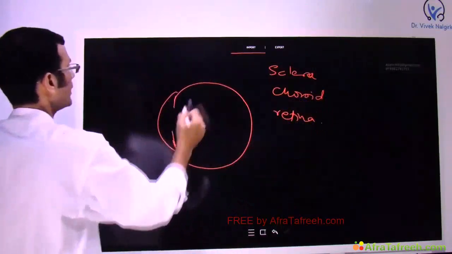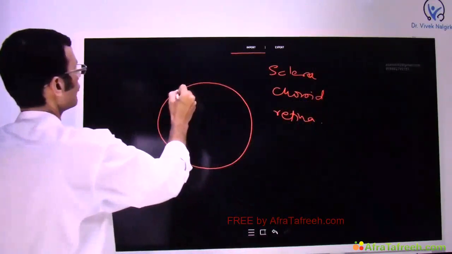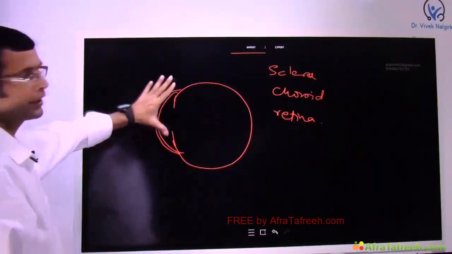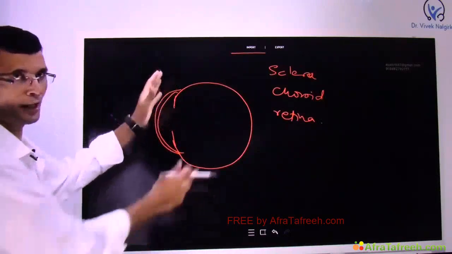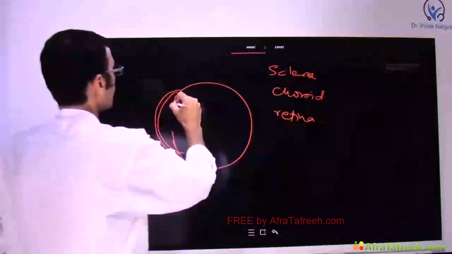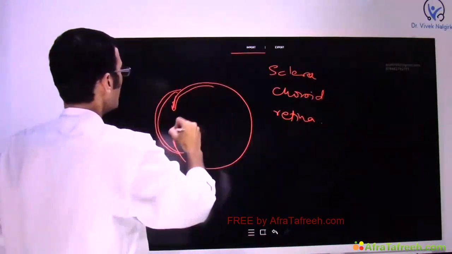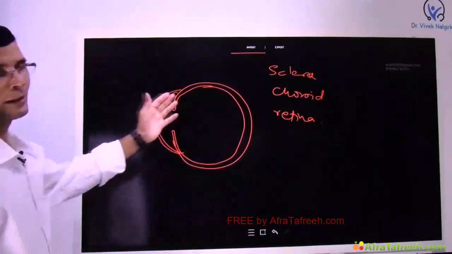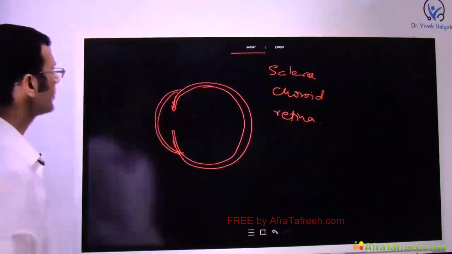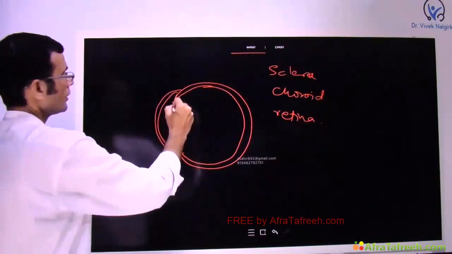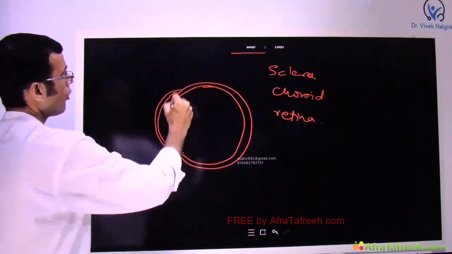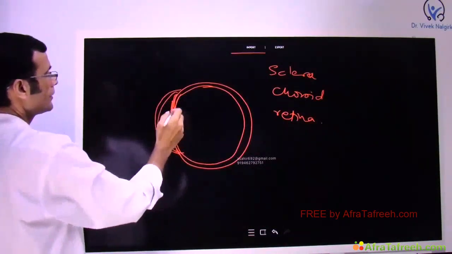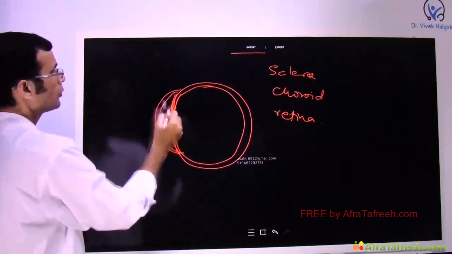The sclera in front forms the transparent structure, most anteriorly the outer coat, the cornea. Choroid, the middle coat or middle layer, has the pigment. Anteriorly, it forms a curtain-like iris, and at the center of the iris there is an aperture, the pupillary aperture.